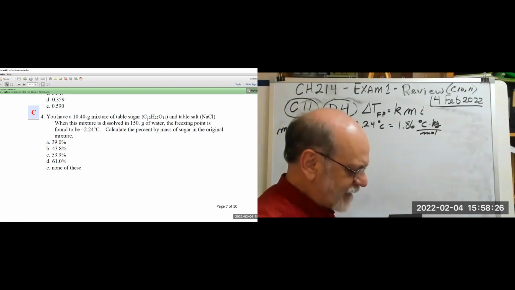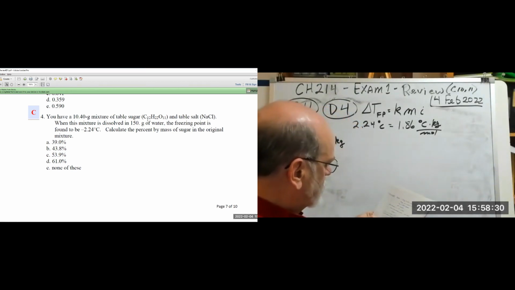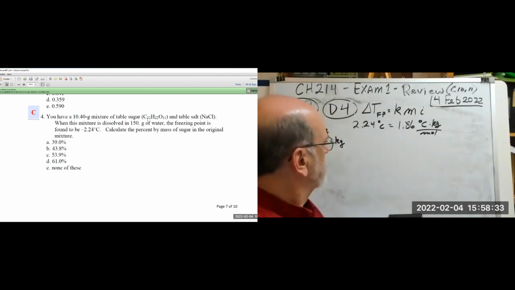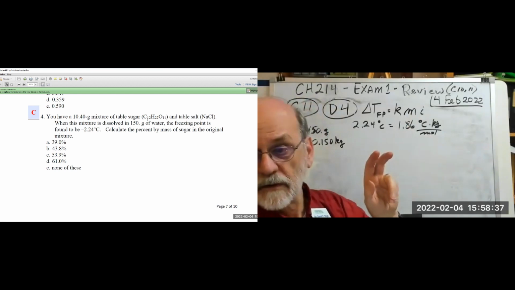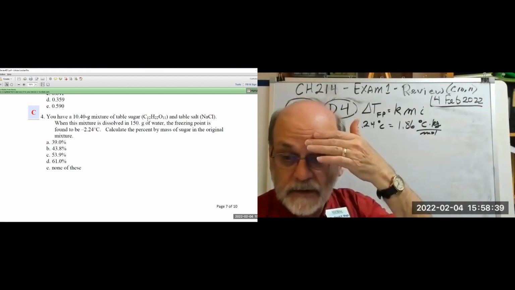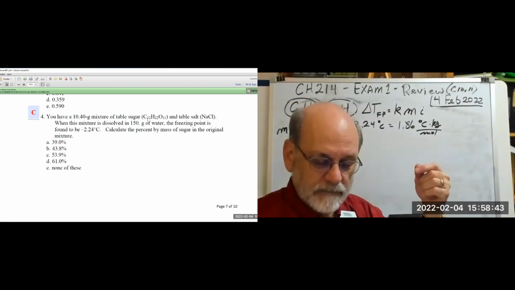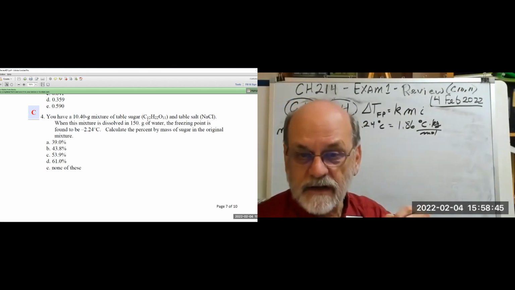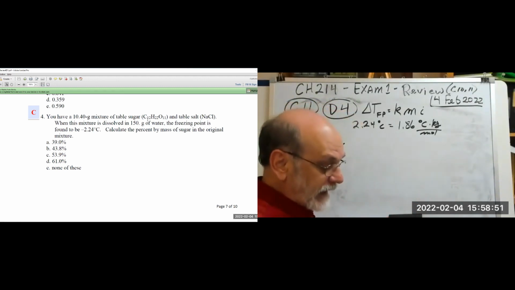Let's see. I think we're eventually going to need to know the molar mass of each one, because this is related to moles, molality. But the question is in percent by mass. So we might as well get the molar mass of each one. We're going to need it.